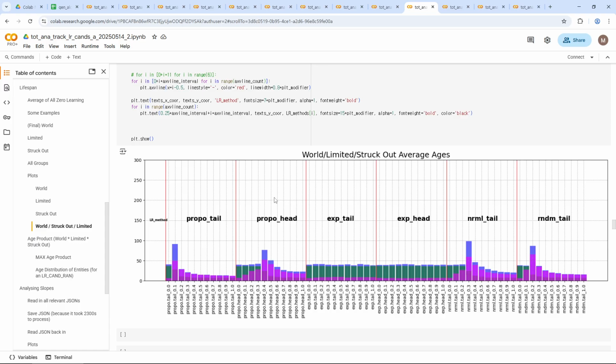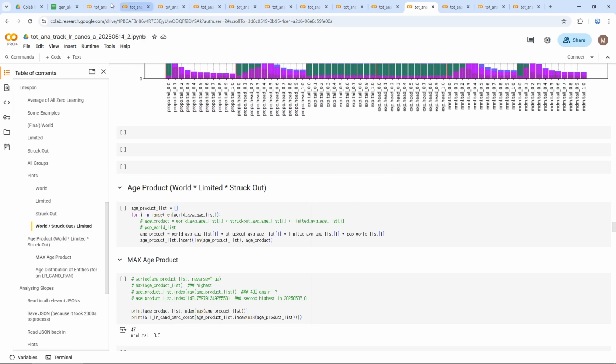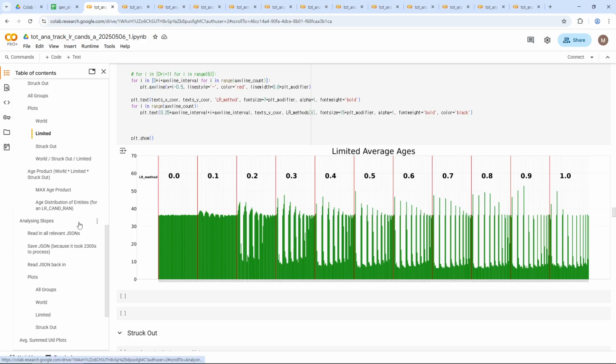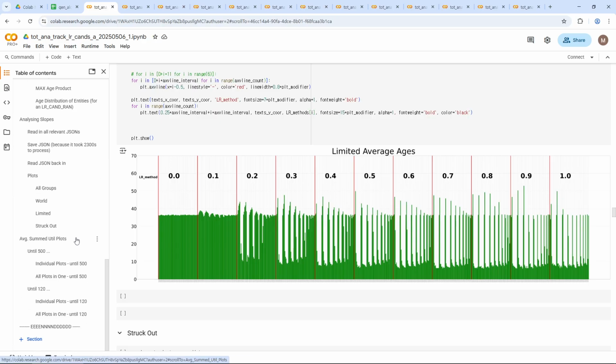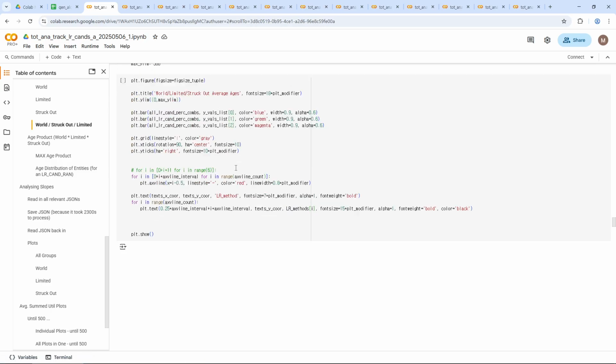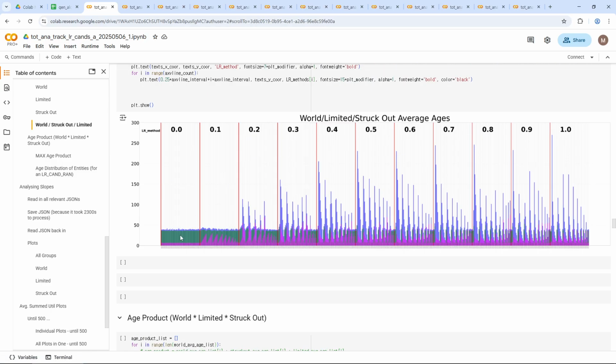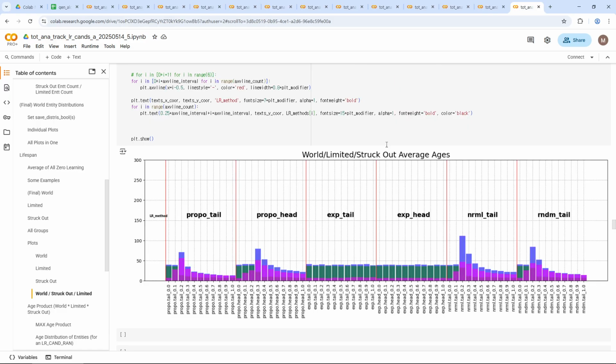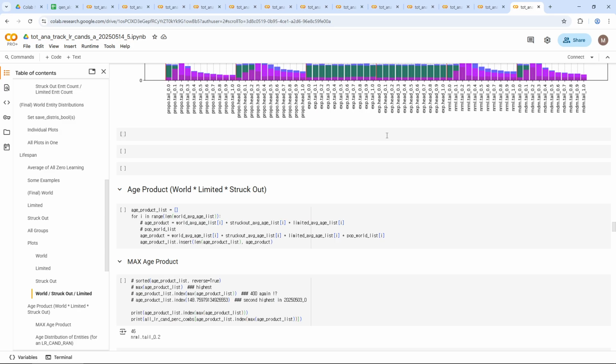Okay. That's good. And for the candidate ranges, if we go have a look at this one, yeah, they're all kind of, no, they're not. So that's odd.